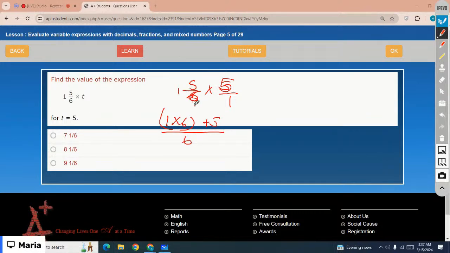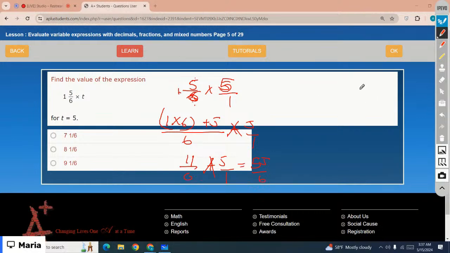You have to do 1 times 6 plus 5, right? Then the denominator is the same, that would be 11 over 6, multiplied by 5 over 1, right? So 11 times 5 is 55 over 6.